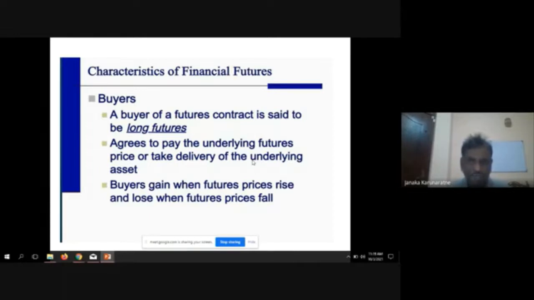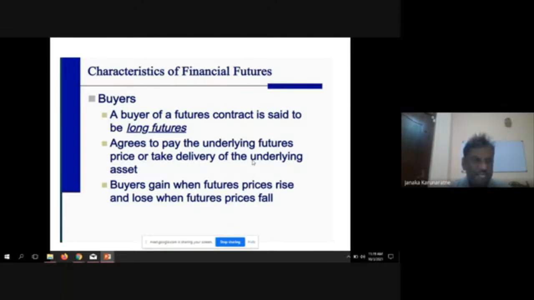That means you agreed to pay the underlying futures price to take delivery of the underlying asset. So when you buy a futures contract on a particular instrument, you have to pay the futures price at the maturity date and take delivery of the underlying asset. That depends on the settlement process.